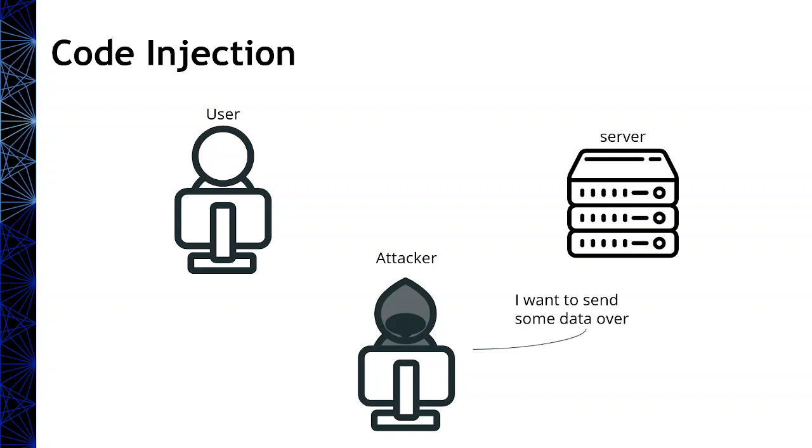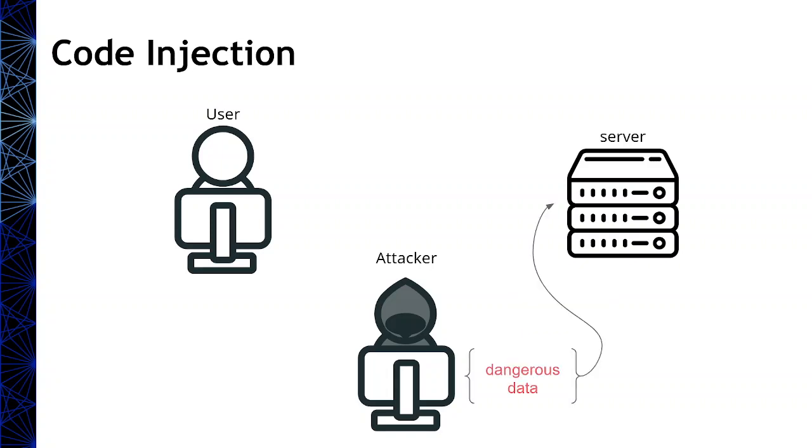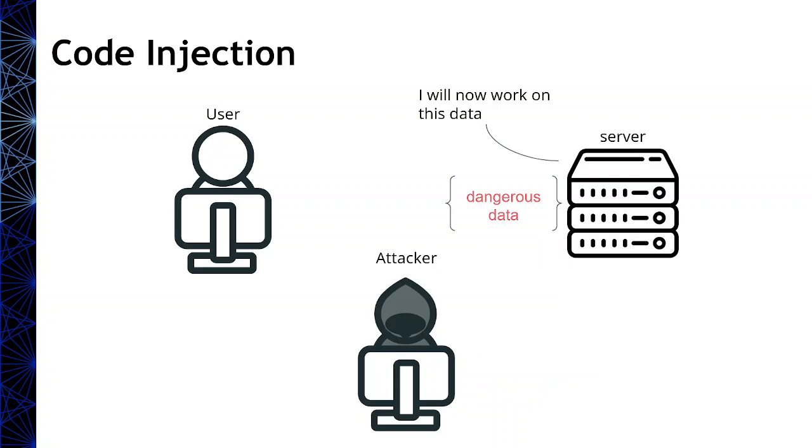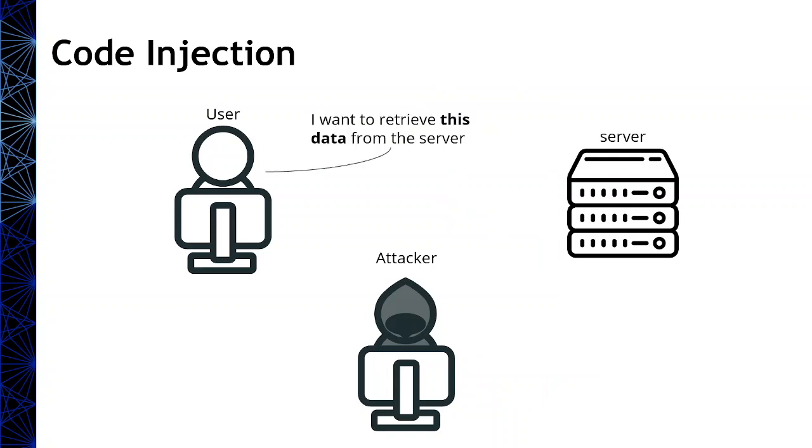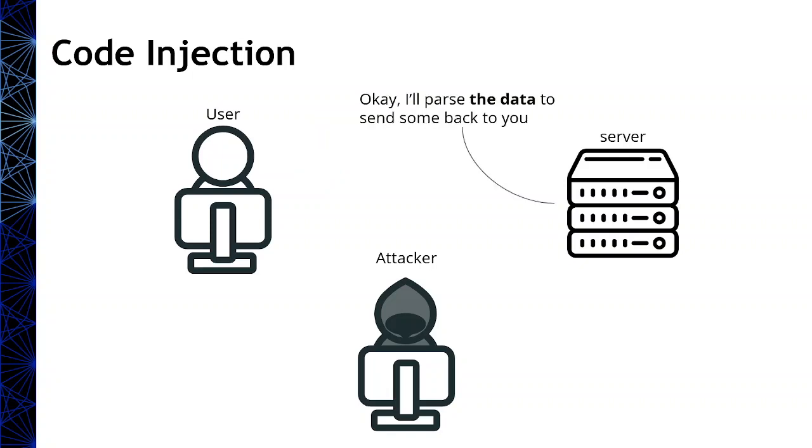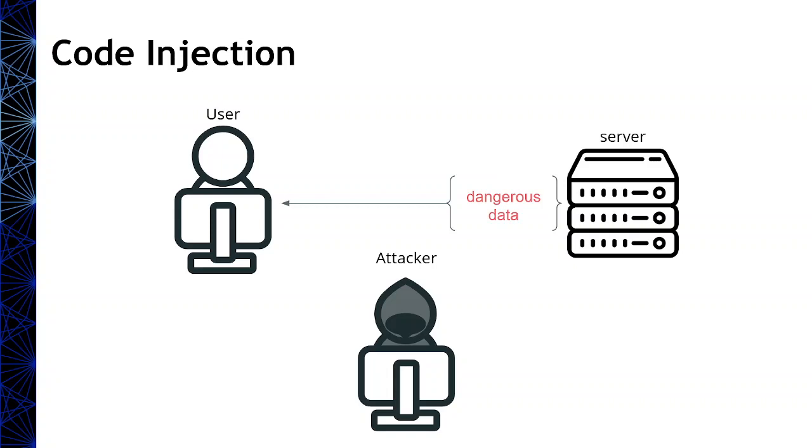I'm going to send it over, and I want you to save it. However, this data that they're sending over is malicious. So that gets sent over. The server will be like, okay, well, it's just data. I'm going to save it. But as soon as a user wants to retrieve the data, the server could find that malicious data that the attacker sent over, and then send it back to the user, infecting said user.